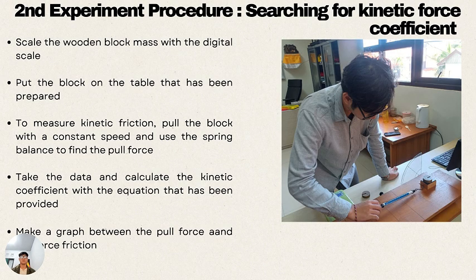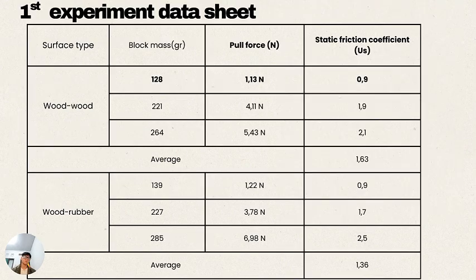Then we put the block on the prepared table. We measure kinetic friction by pulling the block at a constant speed and use the spring balance to find the pull force. Take the data and calculate the kinetic coefficient with the equation that has been provided. Then we make a graph between the pull force and the friction force.